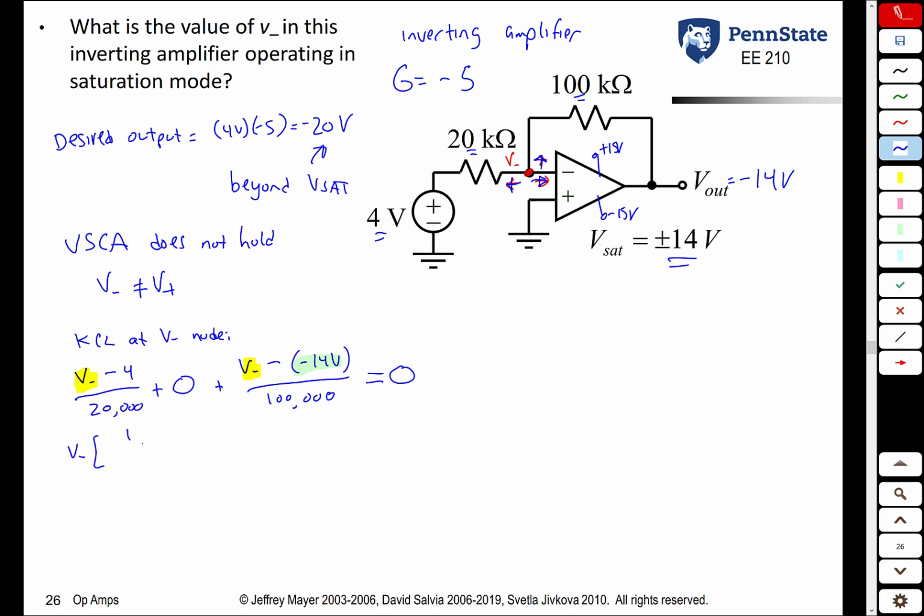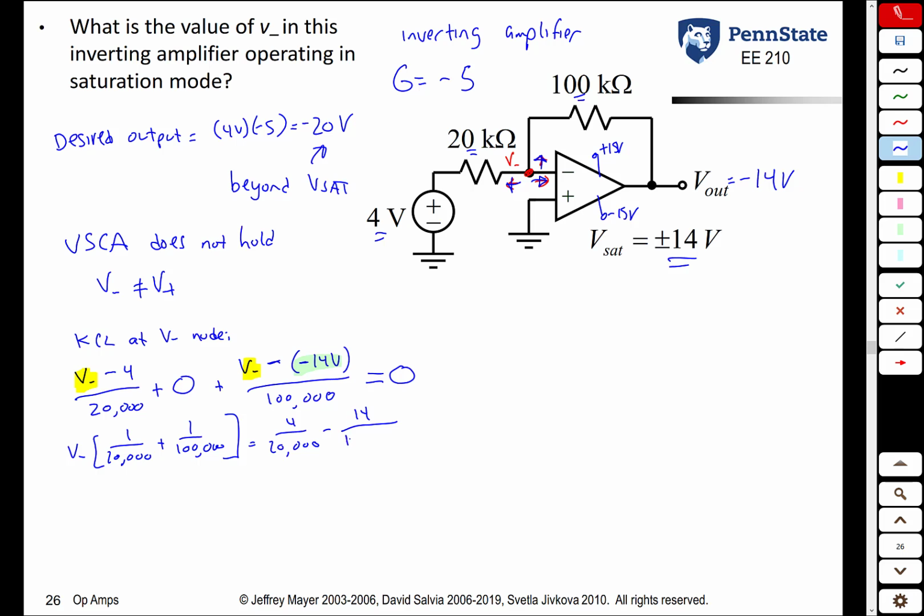V minus times what? 1 over 20,000 plus 1 over 100,000 equals, bringing to the other side, we have 4 over 20,000, and this is tricky now: you have a minus and a minus, it becomes positive, but when you bring it to the other side, it becomes minus again.